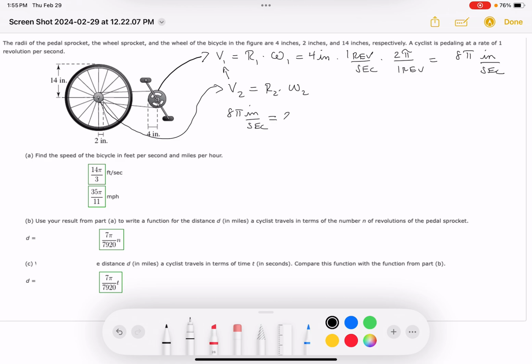What's R2? It's 2 inches. What's omega 2? Well, that's easy to do. Omega 2, divide both sides by 2 inches, and you get 4 pi per second is omega 2. Now I'm going to do the big wheel. What's the big wheel going to be? V3.